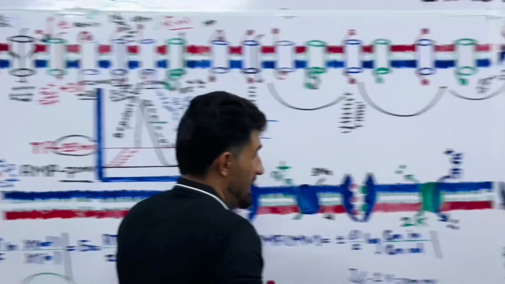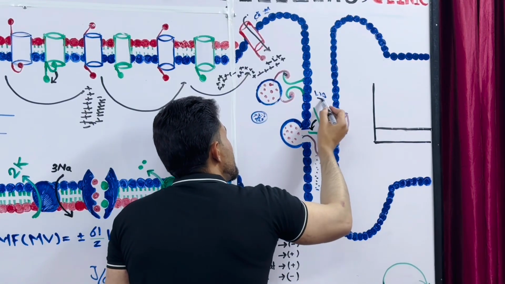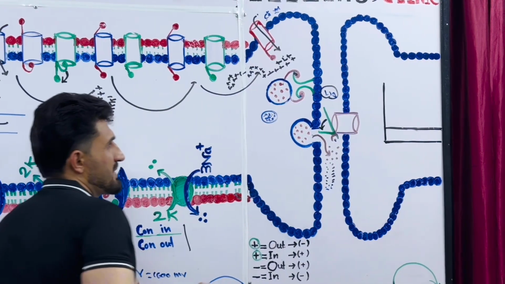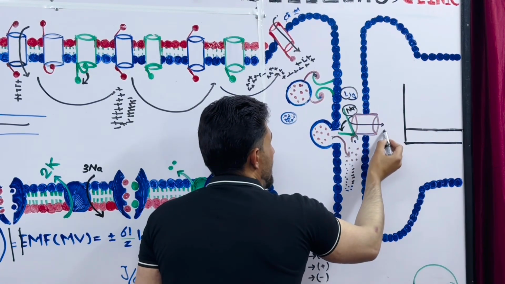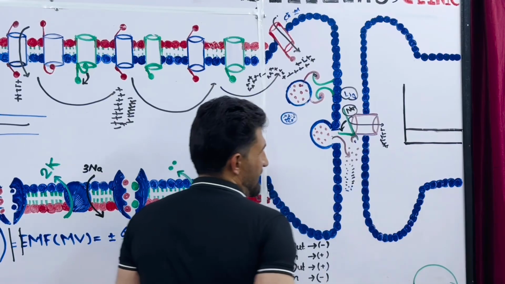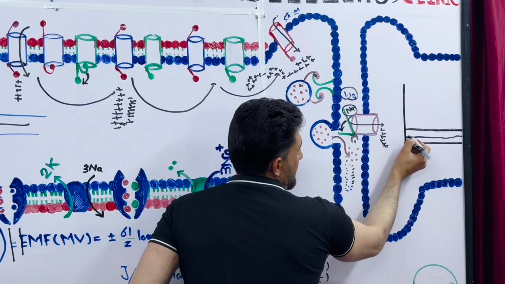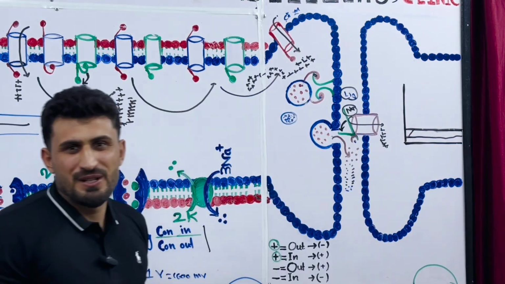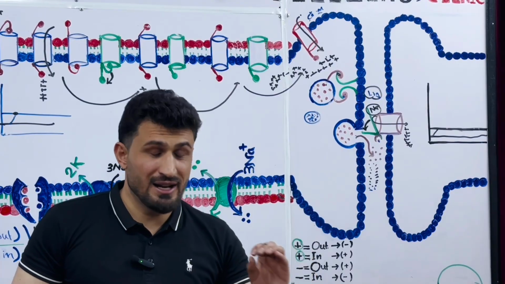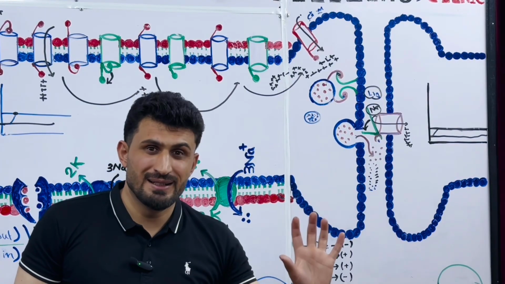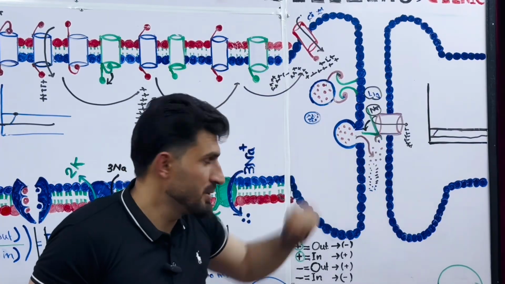When these neurotransmitters stimulate these ligand-gated ion channels, for example, this is for sodium, a lot of sodiums, or a lot of positive charges, enter the cell, and this next cell is stimulated from resting membrane potential to threshold potential, and action potential will be carried from one neuron to the next neuron like this, which is called transmission of action potential.